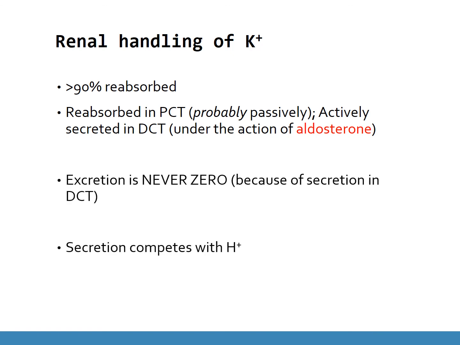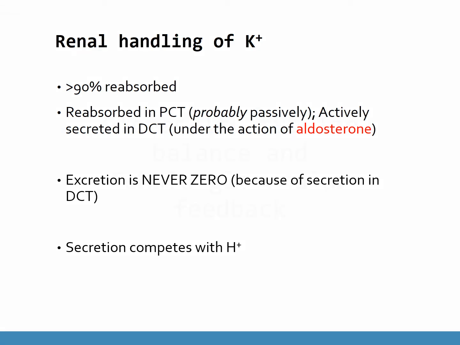The excretion of potassium is never zero, because some amount of potassium is always secreted in the distal tubules. Also, the secretion of potassium competes with H+, thus it has a very important role in acid-base balance, which you will cover when you study acid-base disorders.